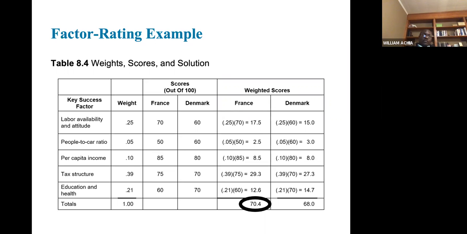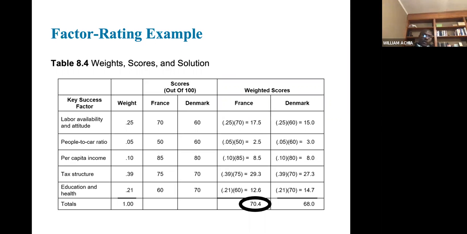So that's something that would be considered important. The people to car ratio is something that they would consider important because of the nature of the business. The per capita income would be considered important if that determines the ability of customers to purchase the product being sold. And then the tax structure in place, and then other factors such as education and health are considered important too.